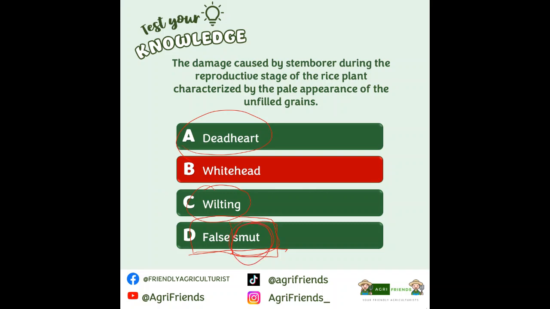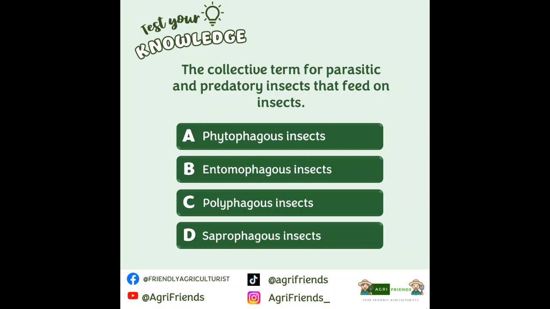Next, the collective term for parasitic and predatory insects that feed on insects. A. Phytophagous insects. B. Entomophagous insects, C. Polyphagous insects, or D. Saprophagous insects? The answer is entomophagous insects.